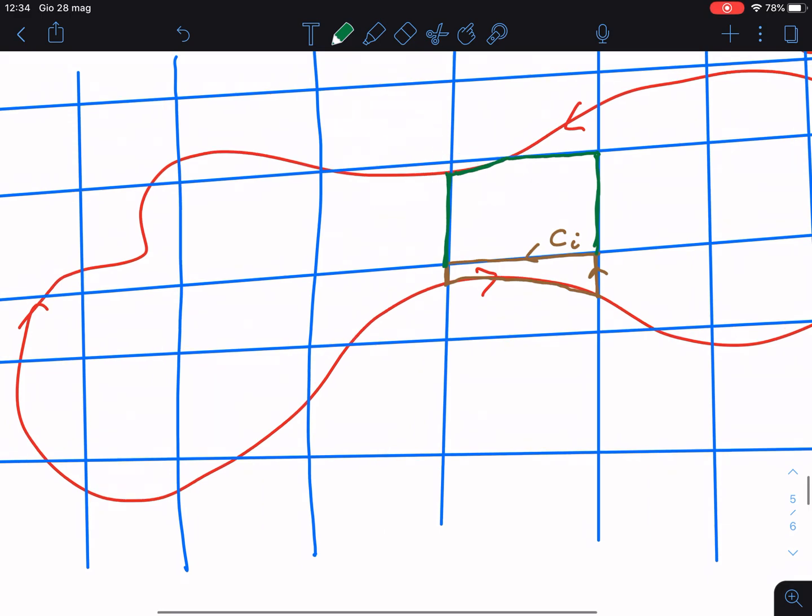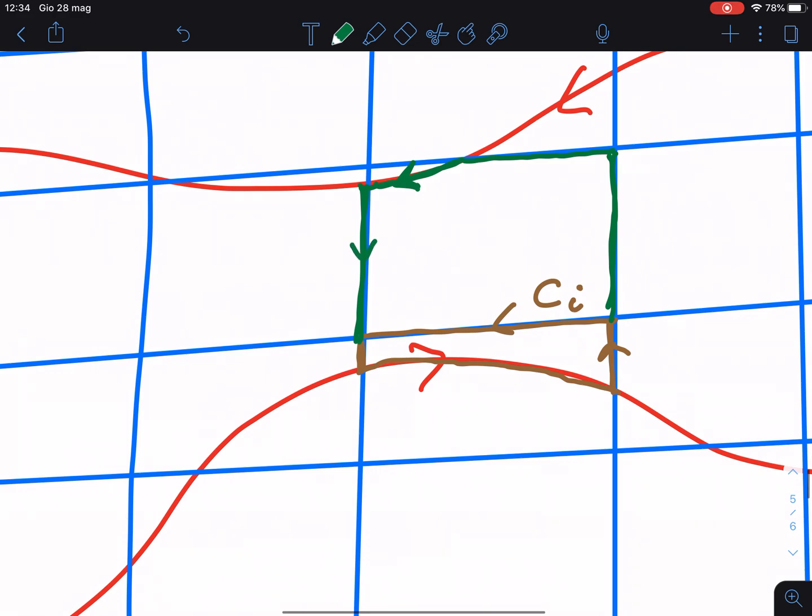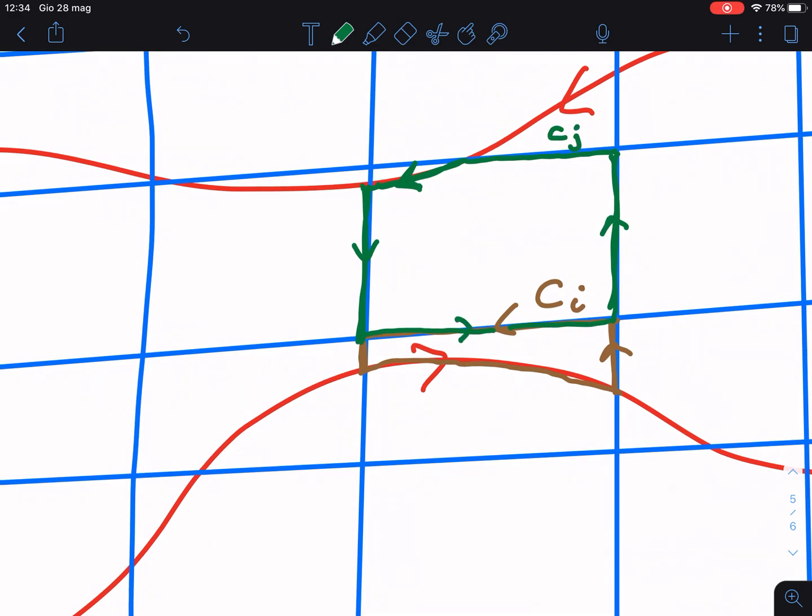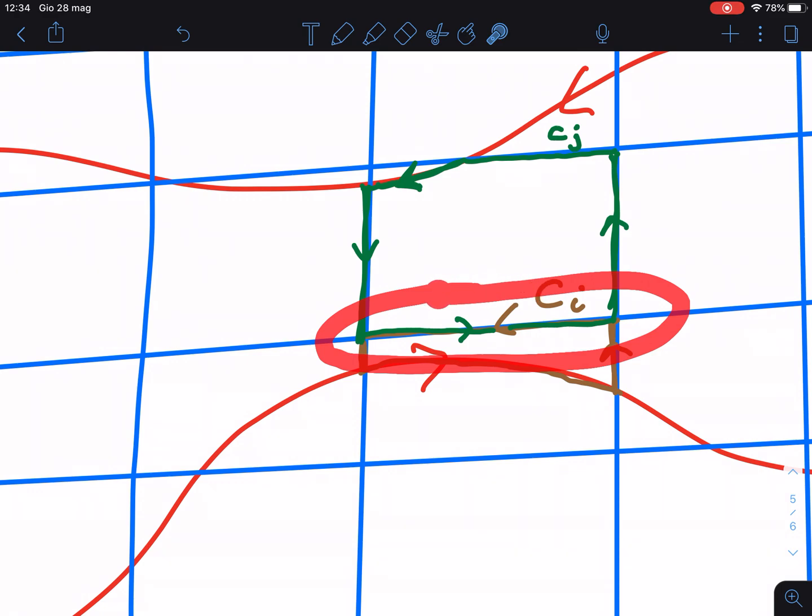So you start from the part on the grid that gives you the orientation of this new circuit, and you find this one here. So notice that the only side, let us call it Cj, which is common to the circuits Ci and Cj is a side not on the original circuit but on the grid, and it is run through two times in opposite direction.